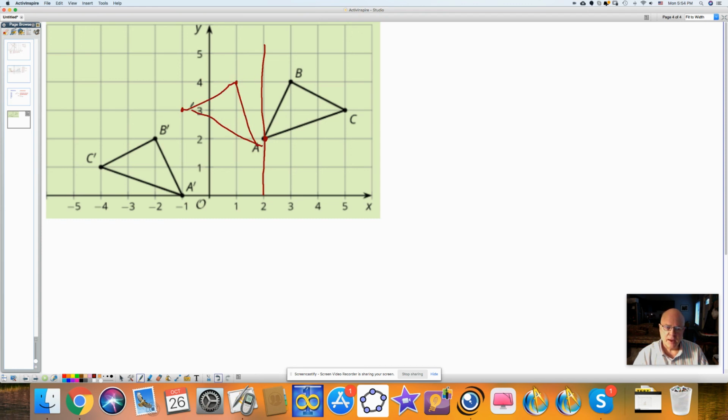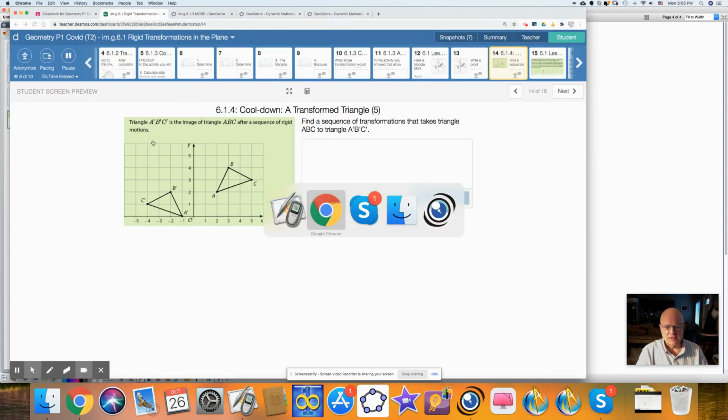And now I can just translate this from A to A prime. Every point will translate the same amount from here to here, from here to here. And that would get me there. You could also do a translation, a rotation, and a reflection. There are other ways of doing this, like I said.